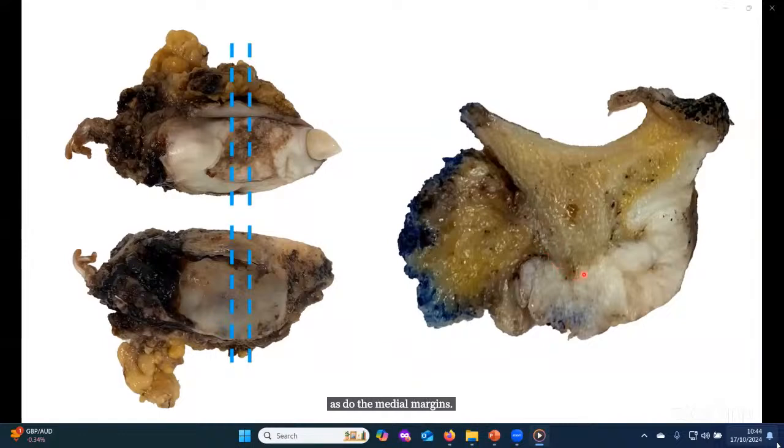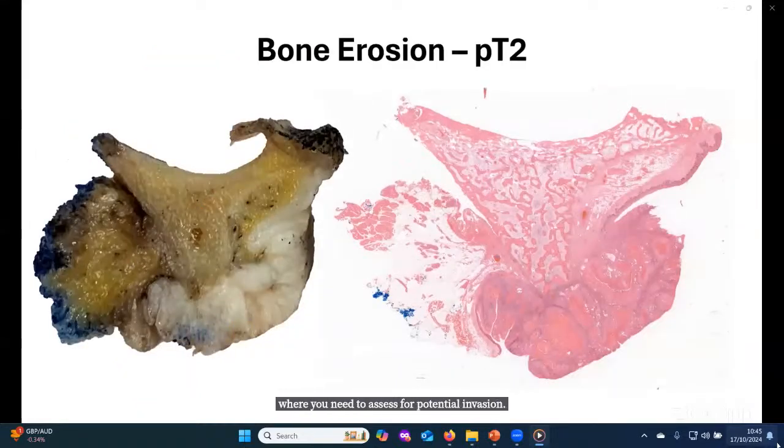The important section here is what's happening to the bone. You will see the cortical surface of the bone here, as well as here, compared to the more trabecular bone here. And there's flattening and blunting of the alveolar ridge. And this would be the area where you need to assess for potential invasion into bone.